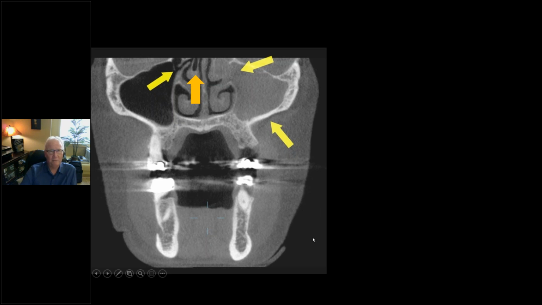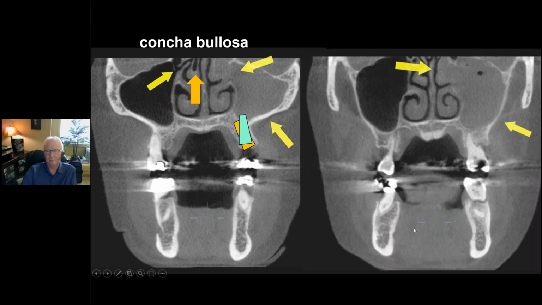This can give you referred pain. So you may be blaming the sinus, and yet it's not just the maxillary sinus inflammatory change. It's gotten into other regions, okay? That's called concha bullosa. And you want to put an implant here, that's great, but you better not perforate the sinus, and you better diagnose all the other conditions.